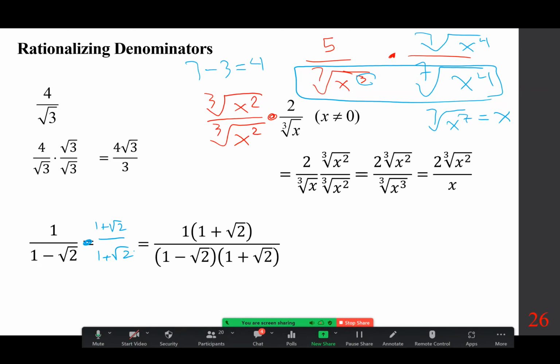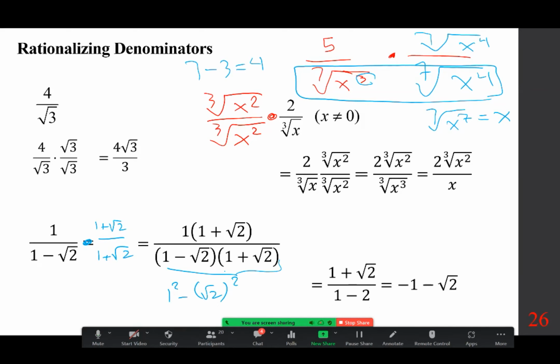So what happens is that this one becomes 1 squared minus square root of 2 squared, which is 1 minus 2. And obviously 1 minus 2 is negative 1, and it changes the sign in the numerator. Everything turns into negative, so it becomes negative 1 minus square root of 2.